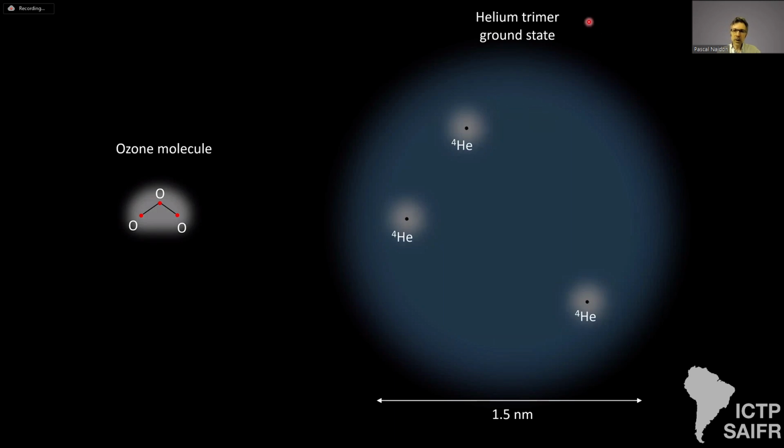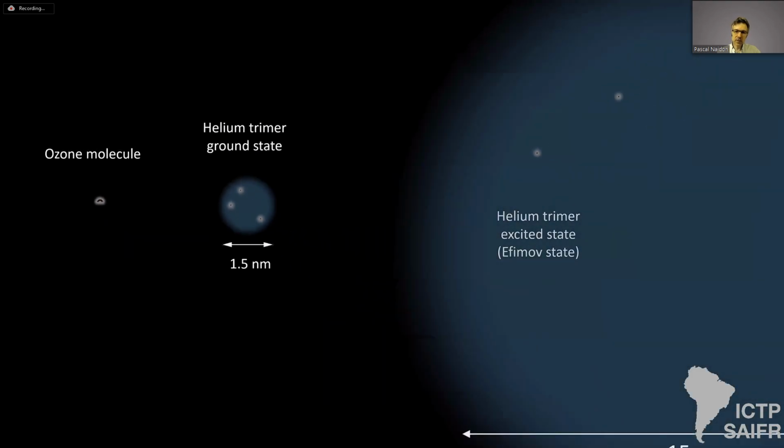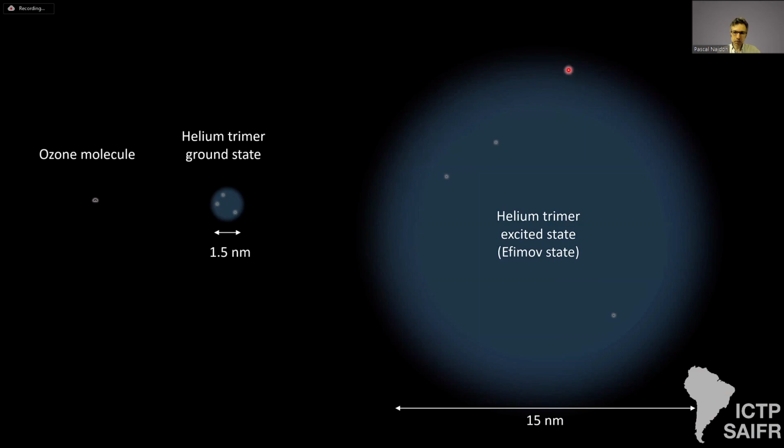So again, this ground state probably cannot be regarded as a true ephemeral state, for the reasons I explained before. But yet you see it's markedly different from the usual molecules. And now if we go to the excited states, then we have an even larger molecule, of course.